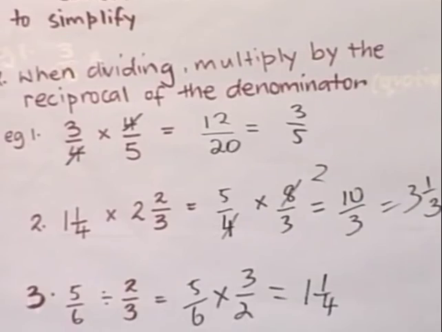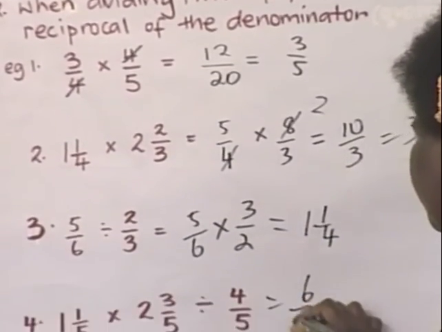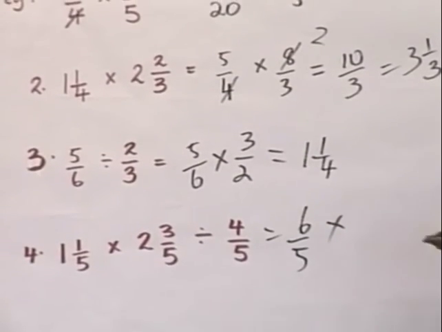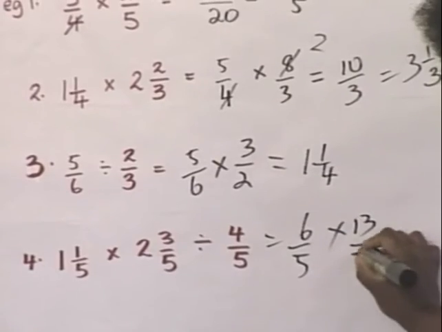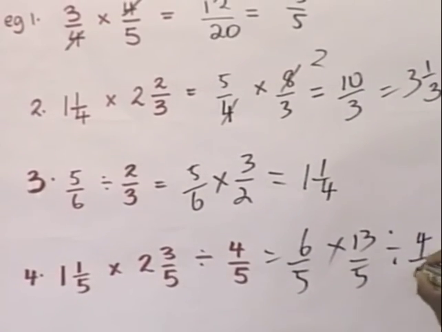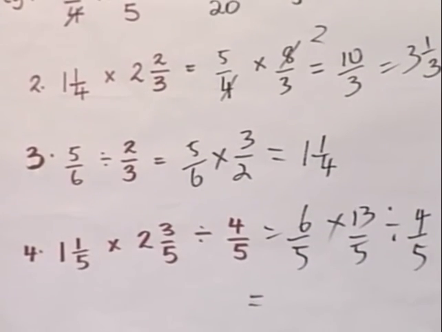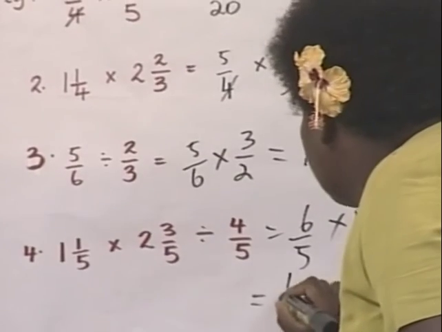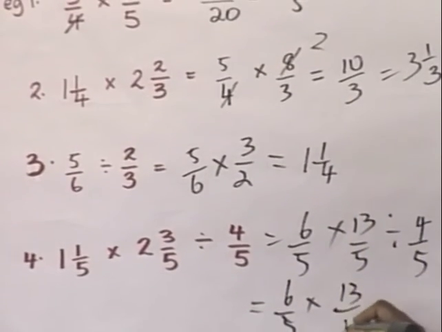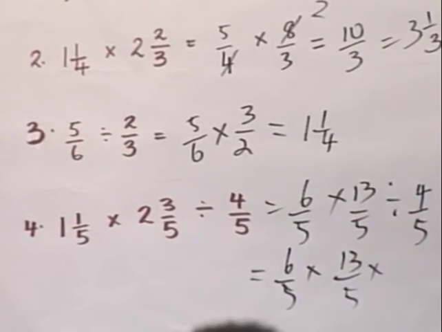Okay, I've got multiplication and division. 1 and 1/5 is the same as 6 on 5. Multiplied by 2 and 3/5 is the same as 13 on 5. And then divided by 4 on 5. Okay, if you follow this rule, we are going to get 6 on 5 multiplied by, I have to divide 13 on 5 by 4 on 5, so I have to multiply 13 on 5 by 5 on 4.